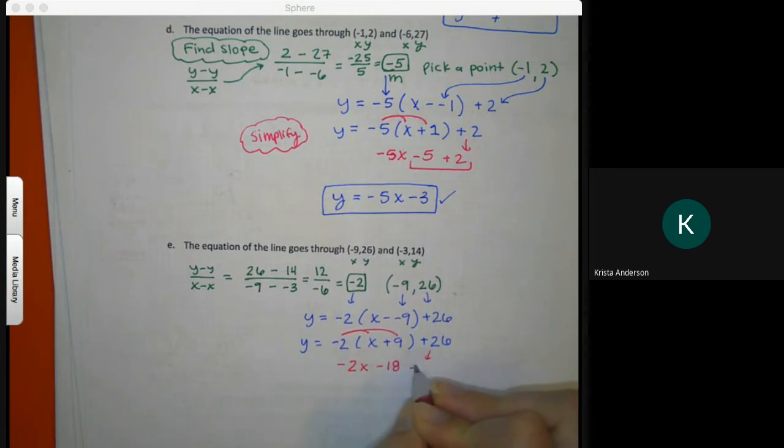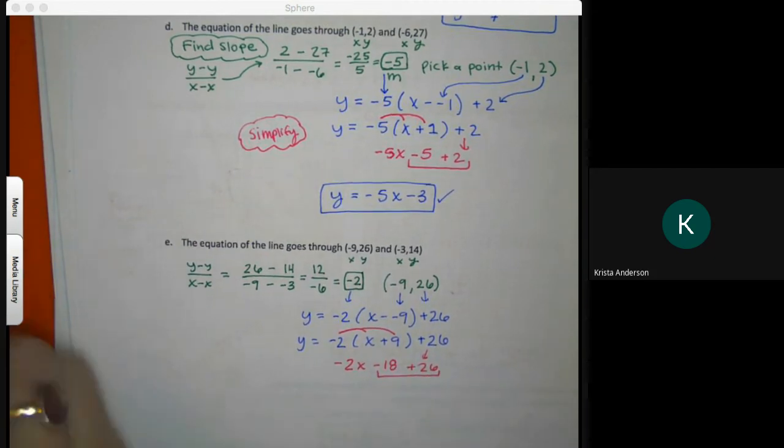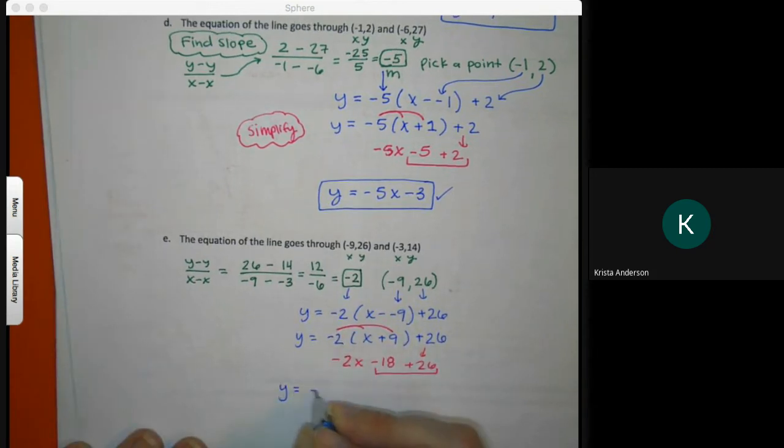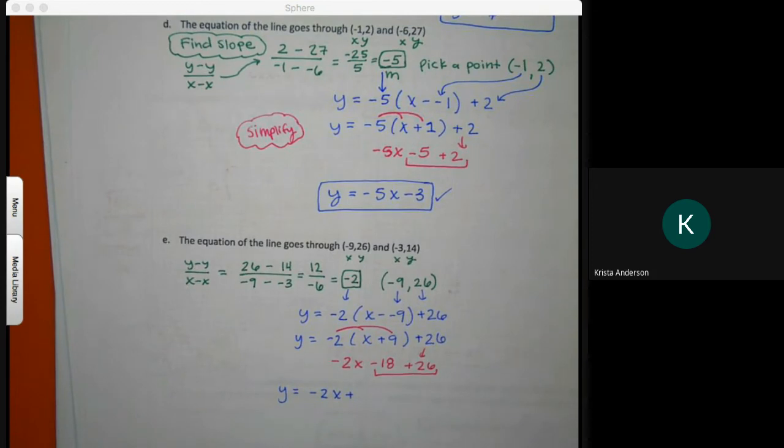I'm going to drop that plus 26 down and combine those like terms. My final answer is negative 2x plus, what's negative 18 plus 26? 8. Plus 8.